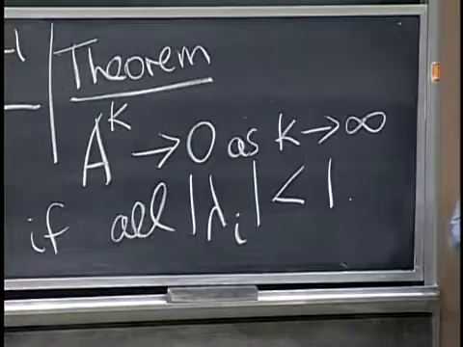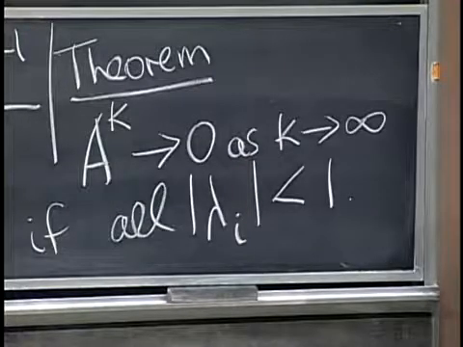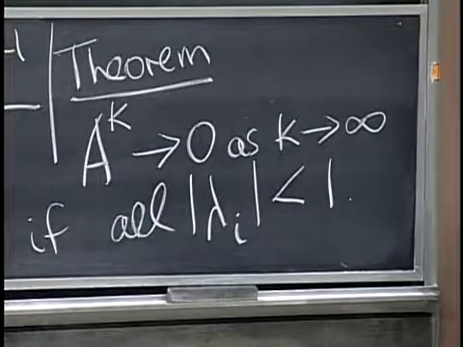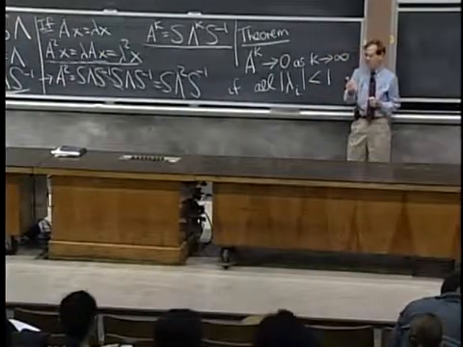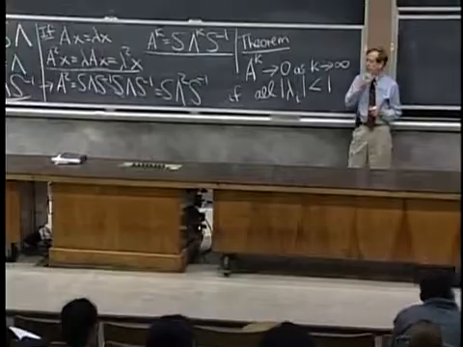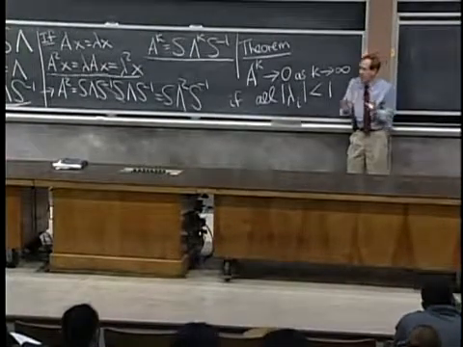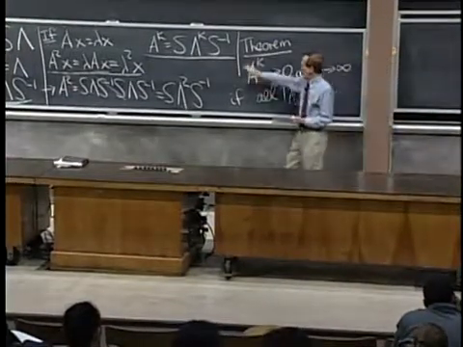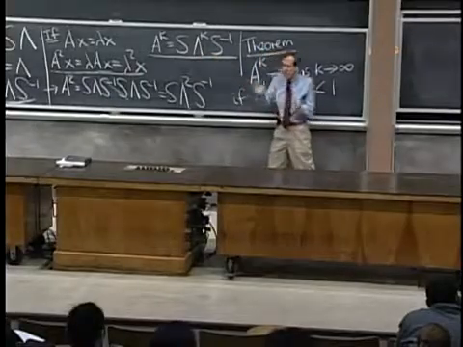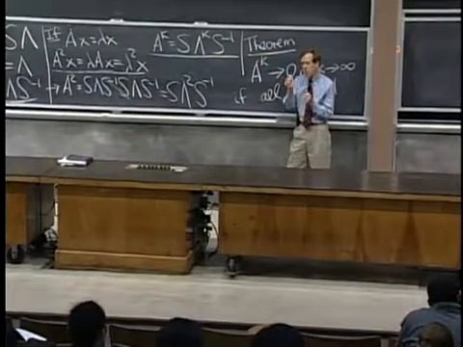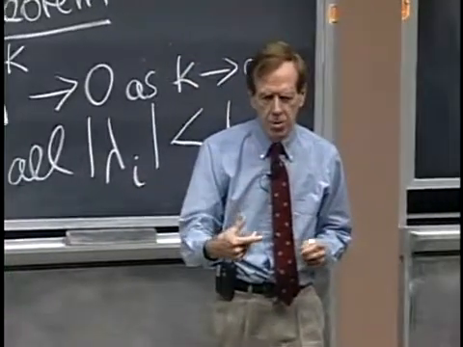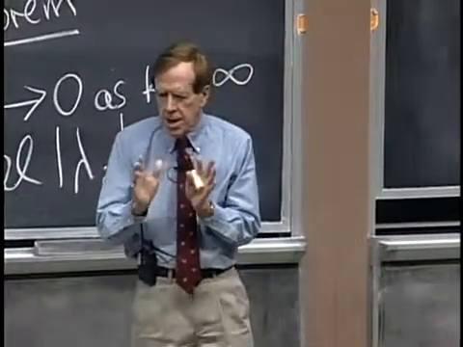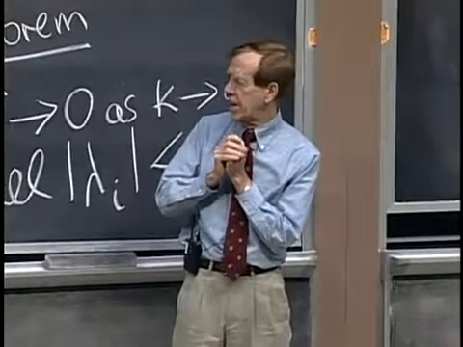I'm operating on one assumption here, and I have to keep remembering that that assumption is still present. That assumption was that I had a full set of n independent eigenvectors. If I don't have that, then this approach is not working. So again, a pure eigenvector approach needs n independent eigenvectors.